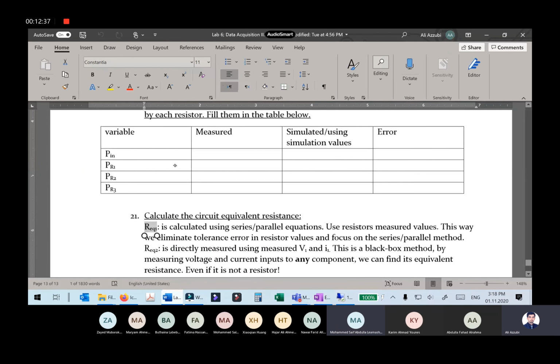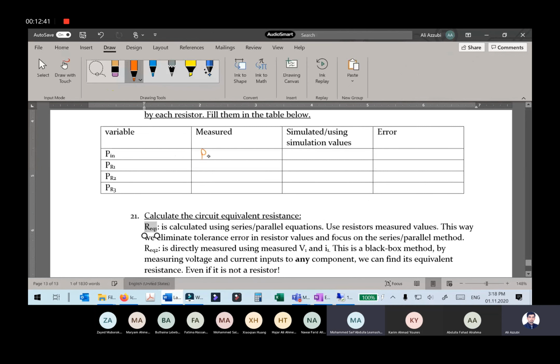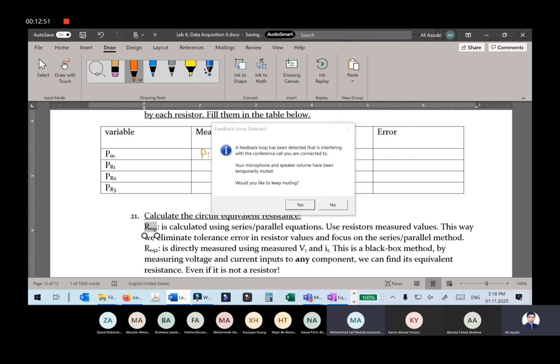For example Pn: already you have In and Vn, so you say Pn equals I1 times V1. For PR1, what do I have?